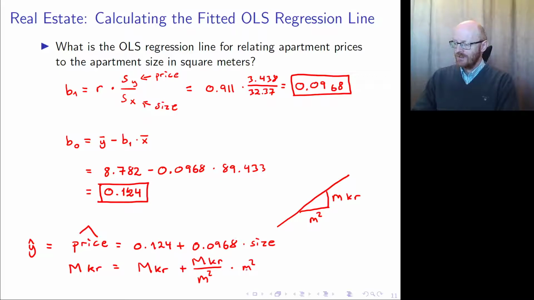And you see that the square meters cancel, so you're left with million kroners, which is correct. So now we tested that our denomination is correct.